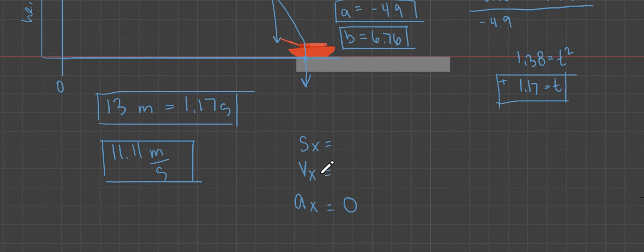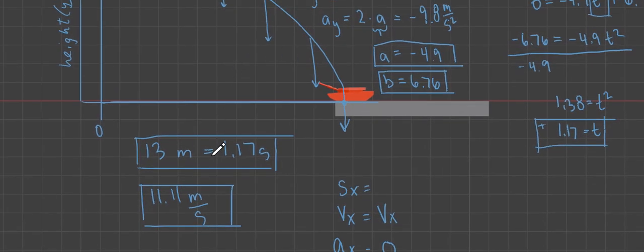So knowing that acceleration is the derivative of velocity, I can take the antiderivative of acceleration to get velocity. So the integral, or the antiderivative of 0, is just some constant, and that constant is Vx.